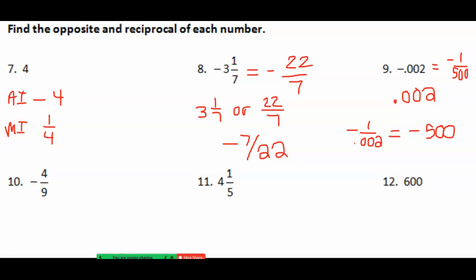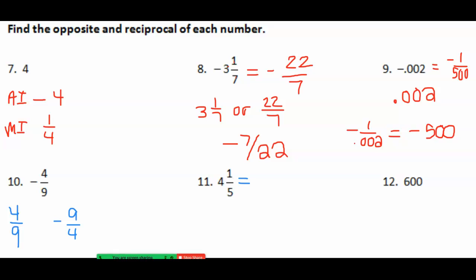The additive inverse of negative 4/9 is positive 4/9. And its reciprocal is that number flipped. So negative 9/4.